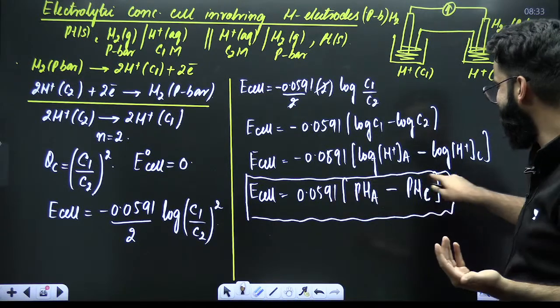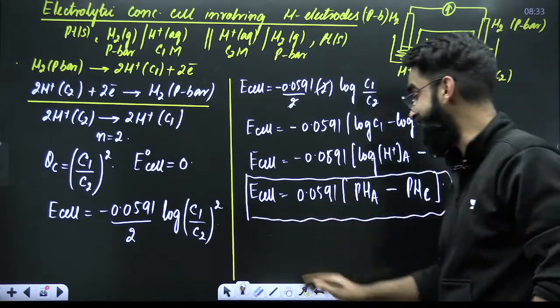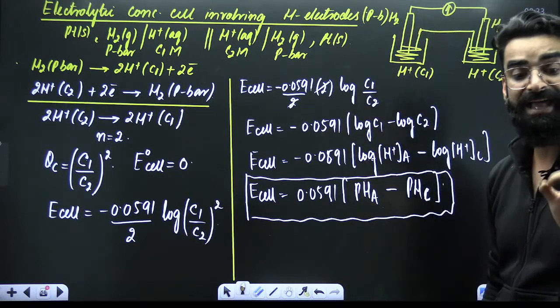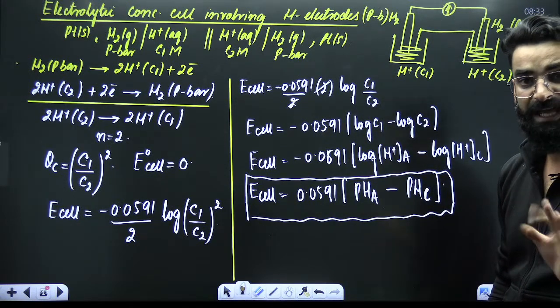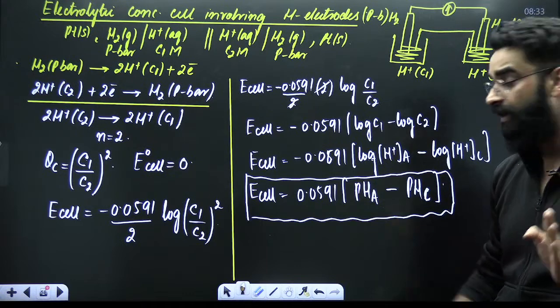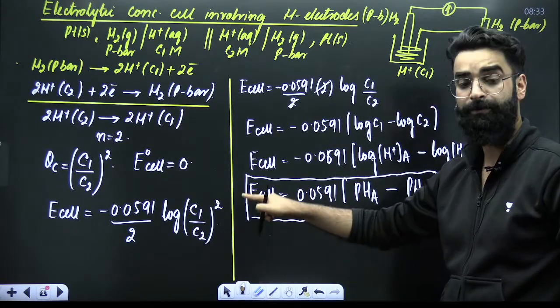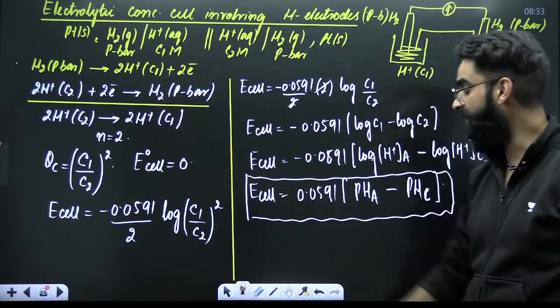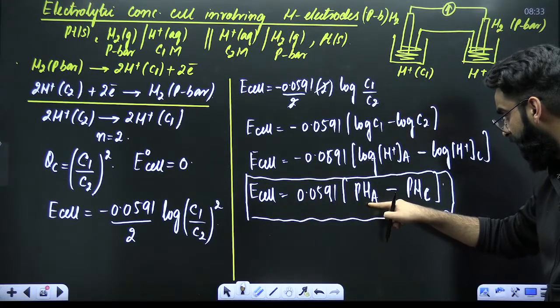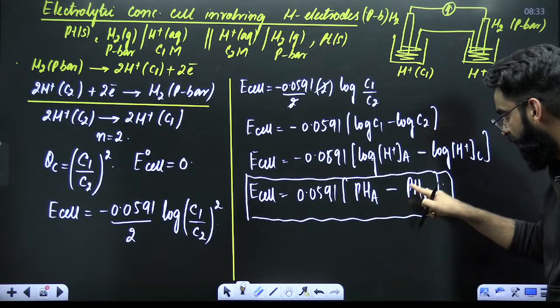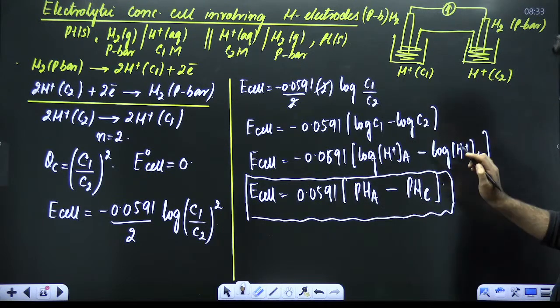So for this particular cell to be working like a normal galvanic cell, in which the direction of current is from cathode to anode, I'll say E cell value should be greater than 0. E cell value will be only greater than 0 if pH of anode will be greater than that of pH of cathode, right?